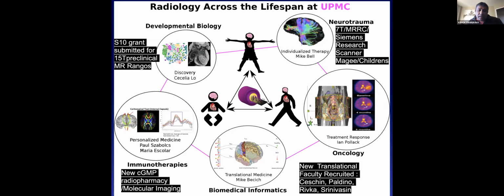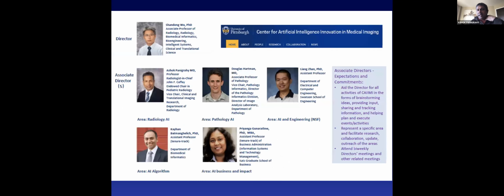And then lastly, I am involved in developing different types of clinical translational imaging across the lifespan in our department in Pittsburgh. There's a lot of interesting work being done in multiple departments. This is a new center that we just started related to artificial intelligence that Shandong Wu is leading in our department.